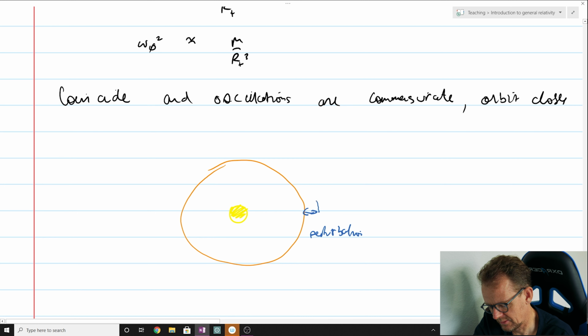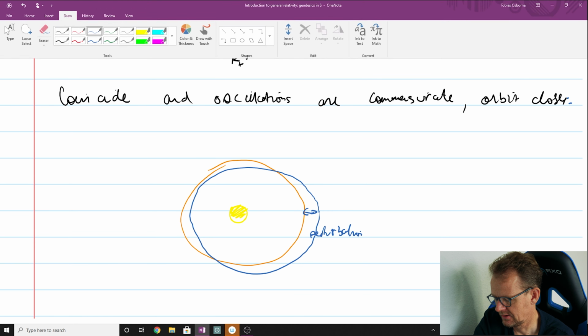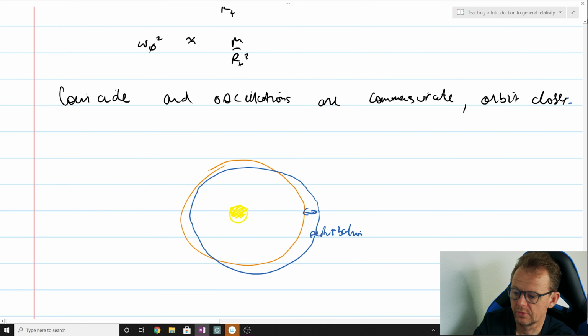Then in the Newtonian limit, this thing executes simple harmonic motion around the minima, and the orbit closes. So that's the Newtonian limit. Great, fine. So everything matches up with what you know from the Newtonian limit.